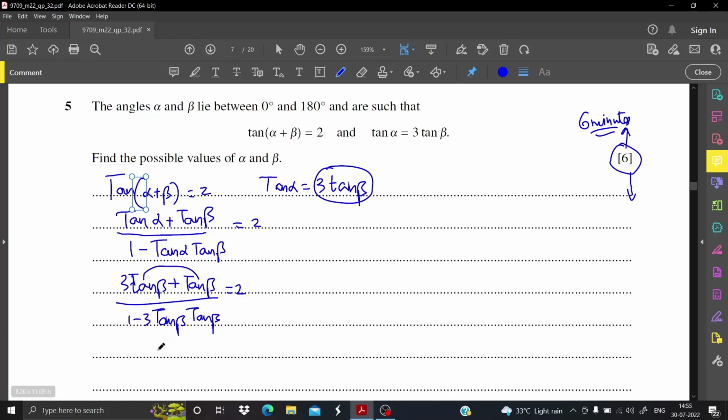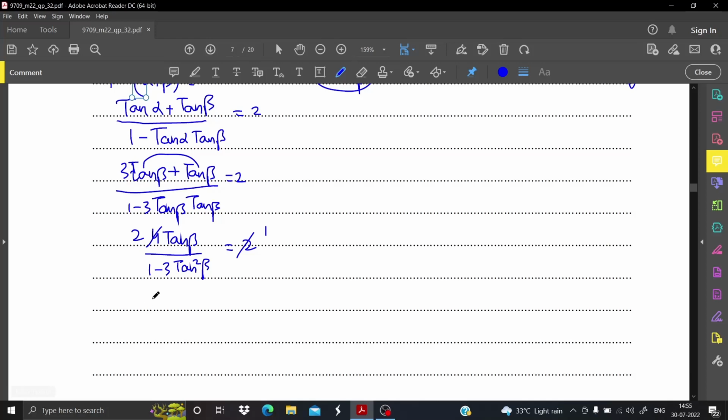3 tan plus tan is 4 tan beta divided by 1 minus 3 tan square beta. You can cancel the 2 and the 2 here, whereby you get 1 here. So you get 2 tan beta. You can cross multiply this 1 minus 3 tan square beta, bringing all the minus 3 tan square and 1 to the other side.